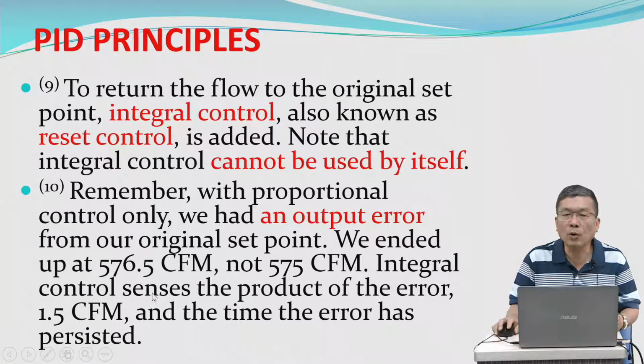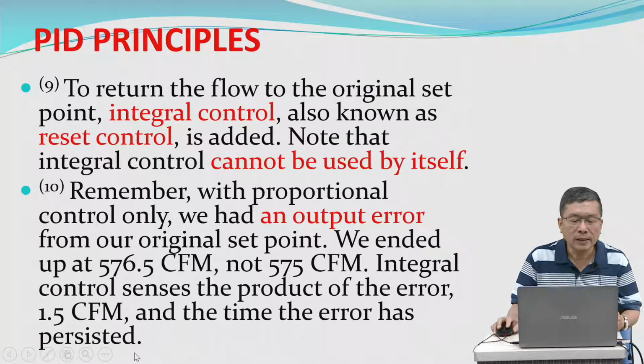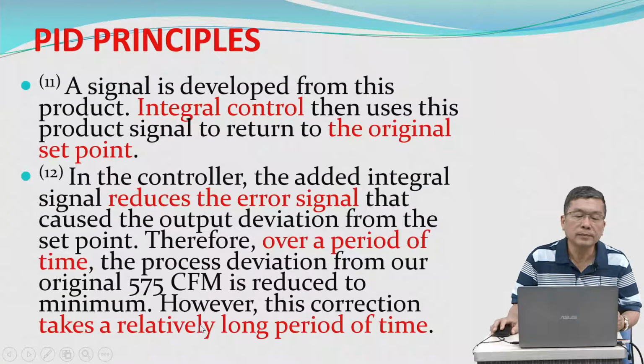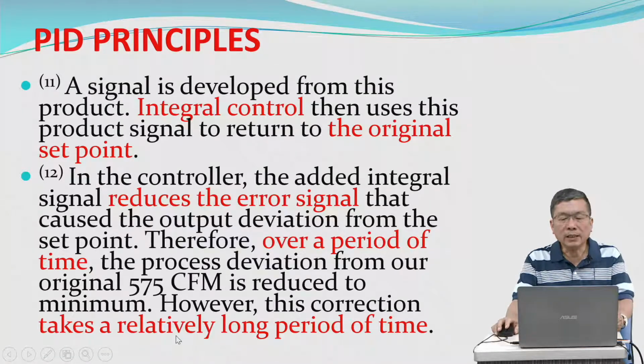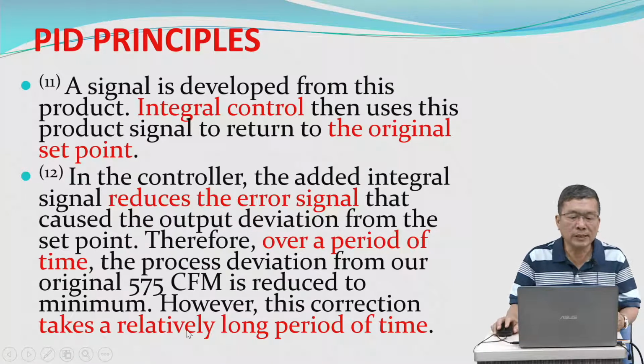Integral control sends the product of the error, 1.5 CFM, and the time the error has persisted. A signal is developed from this product. Integral control then uses this product signal to return to the original set point.